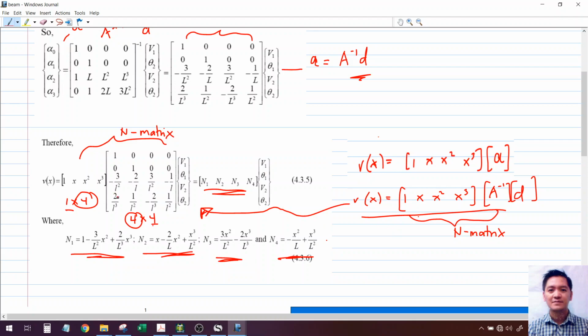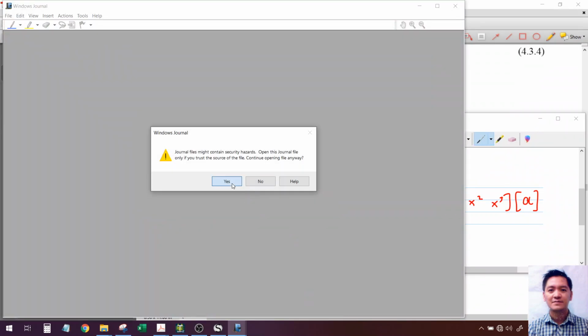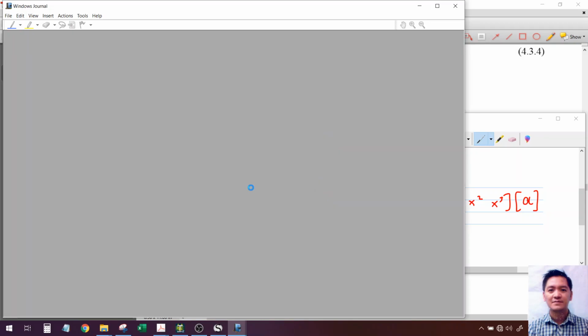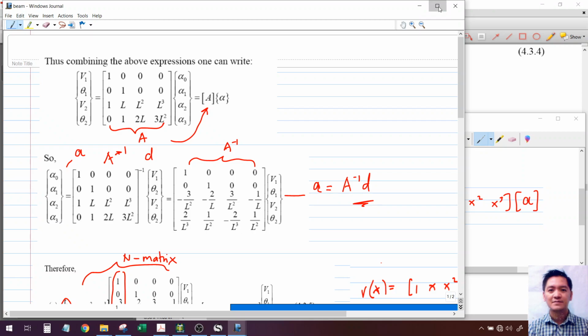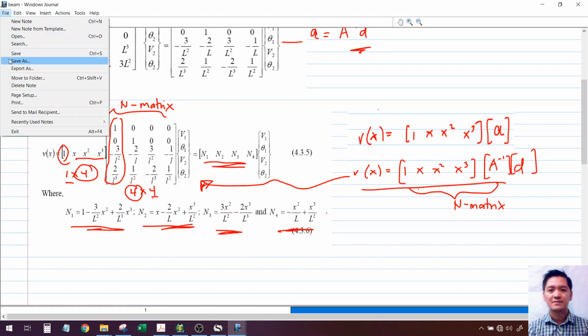So, to get the first column, multiply ko to dito. Okay. Example, N1. Save ko muna siya.